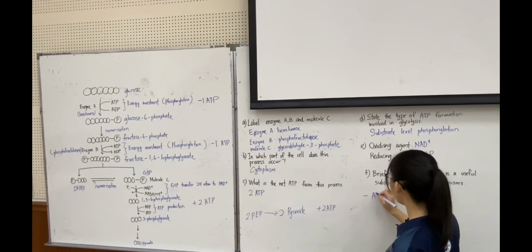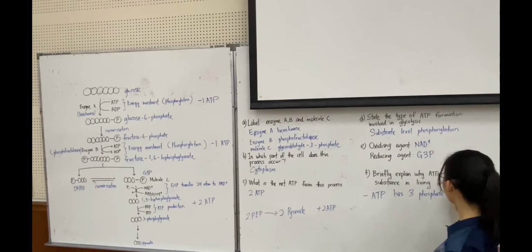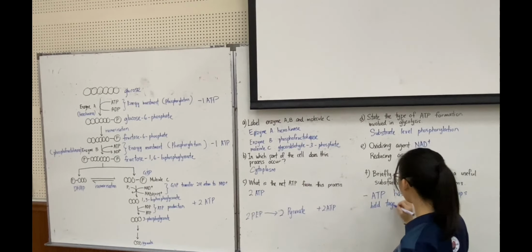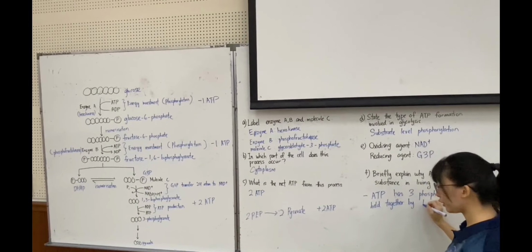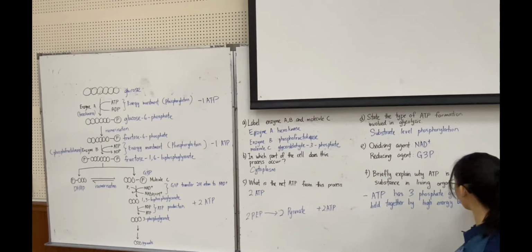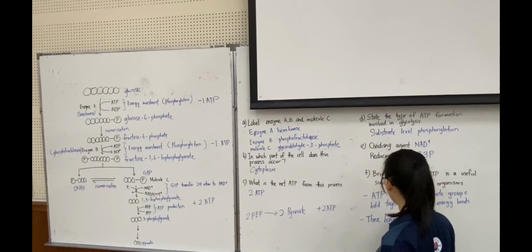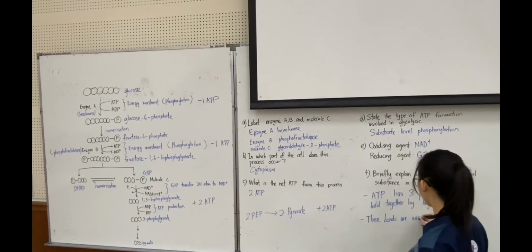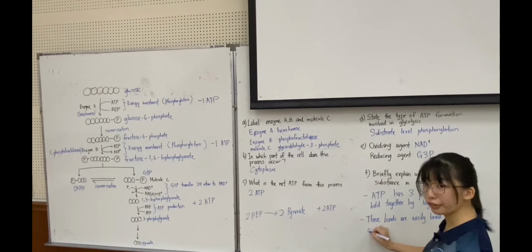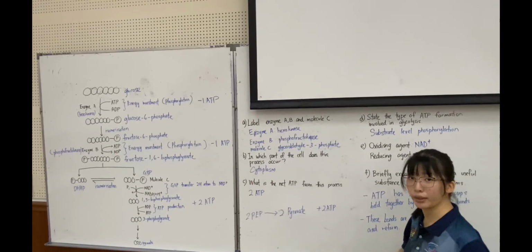It is because ATP has 3 phosphate groups together by high energy bonds, and this bond is easily broken down and also reformed. So that's all for the question regarding glycolysis.